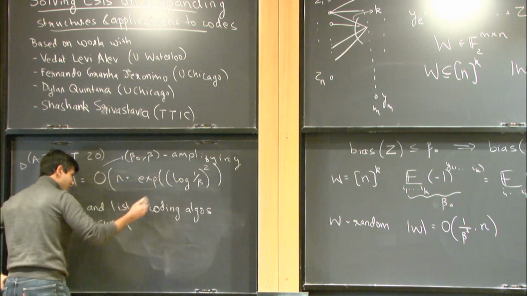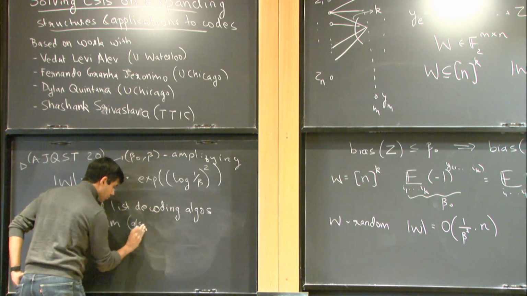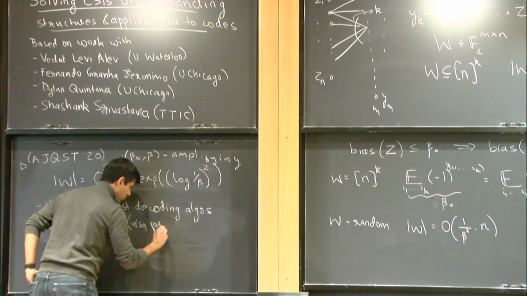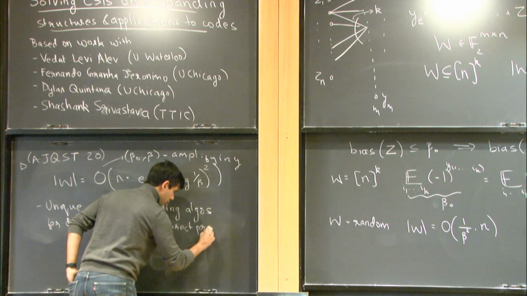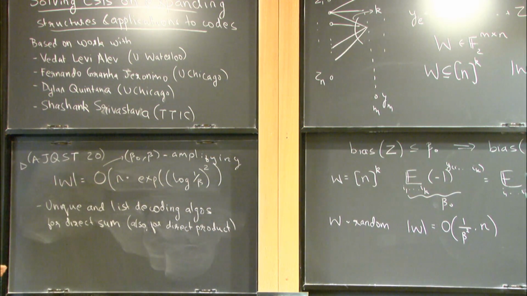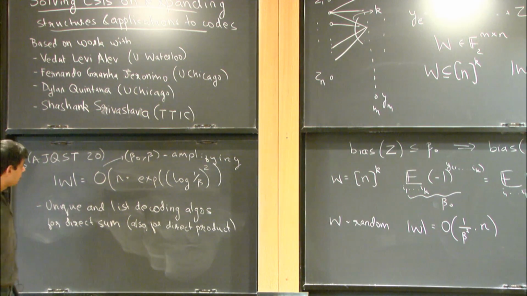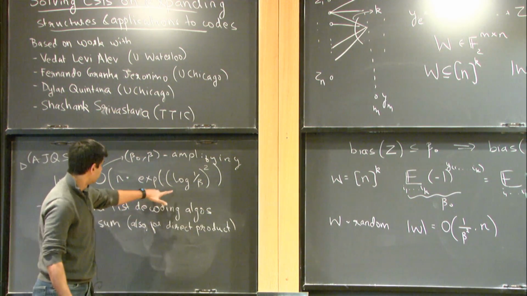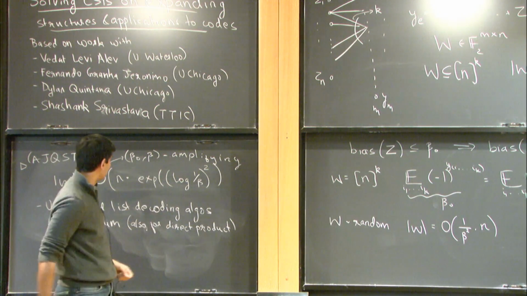And then there are some recent follow-ups where maybe you can try to get this quasi-polynomial down to polynomial, or even try the Rashmi construction, but I'll speculate on that later.